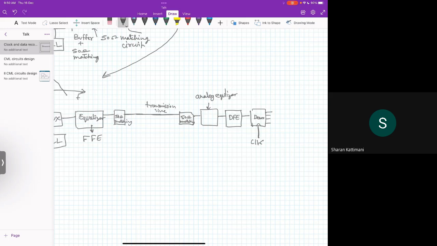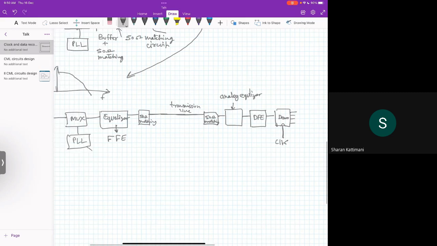So what can be done? Either we can send a clock line with the PLL to the receiver side, but there would be challenges if we do it like this. Because there is a certain delay of signal transmission in the transmission line, misalignment will happen.